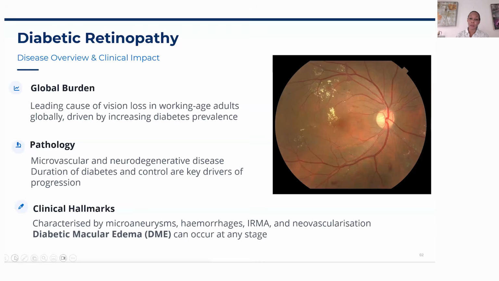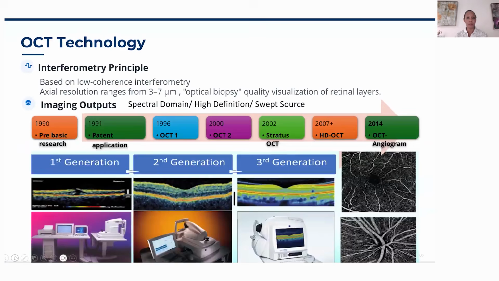It is actually characterized by microaneurysms, the first sign of diabetic retinopathy, hemorrhages, IRMA, and neovascularization. What tends to cause visual loss is diabetic macular edema, which can occur at any stage, and proliferative disease. So I'm actually looking at the OCT biomarkers for diabetic macular edema in this presentation.